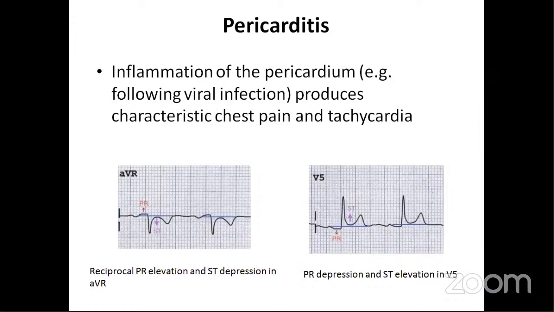So the recording of ECG is very important to diagnose a person with the ECG.